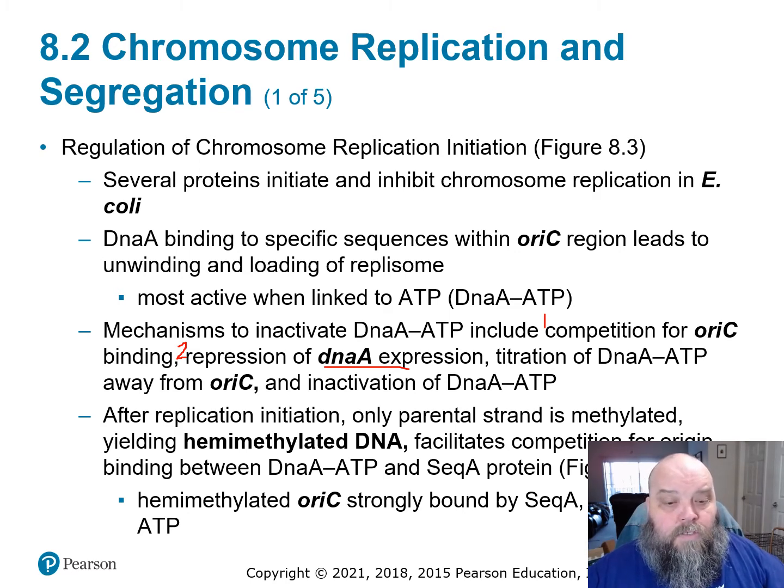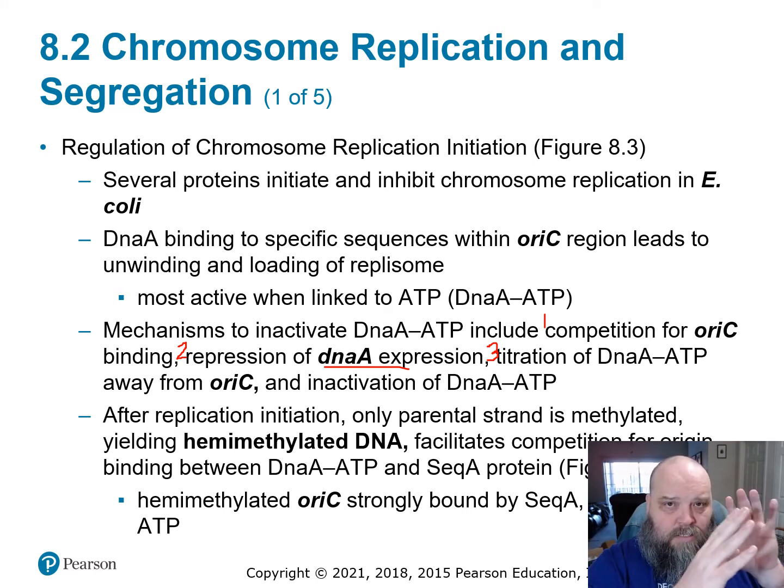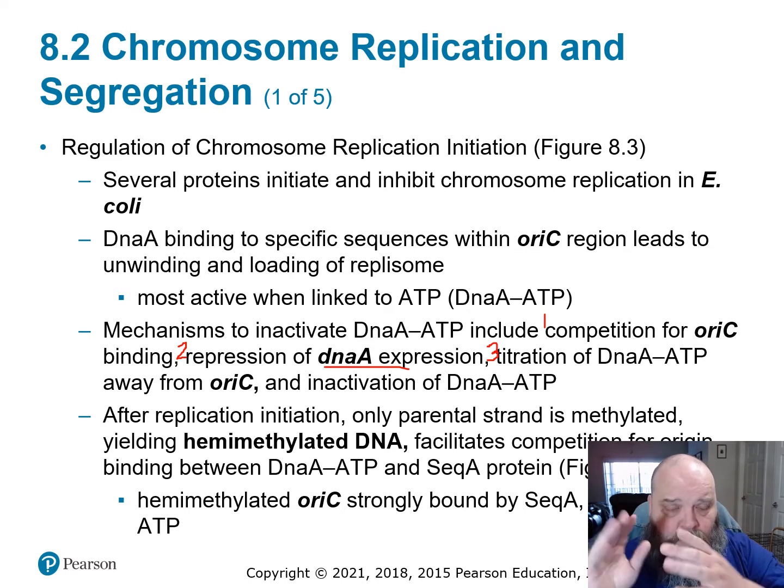Another thing is to titrate it away. Have something else around that will bind up DnaA. So you have a certain amount of it, but if a lot of it's caught up over here, bound to something that shouldn't be, and then oriC is over here, it's all stuck there, none of it's getting here, no replisome.